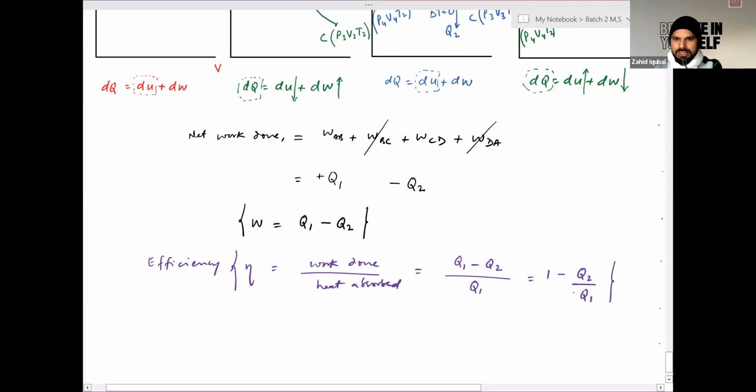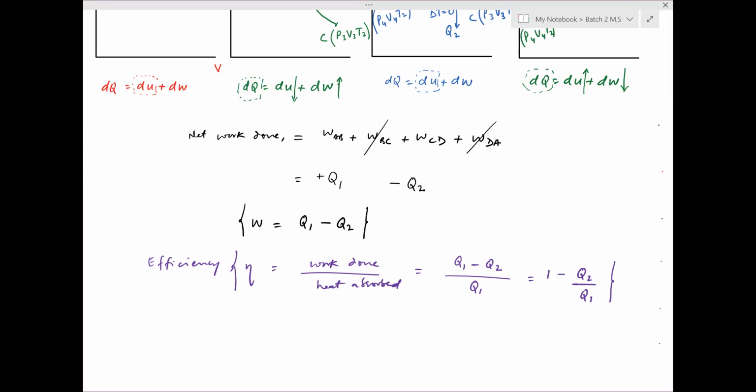We have to transform this particular relation in terms of temperature. So first write it down. I'm transforming. Done, sir.